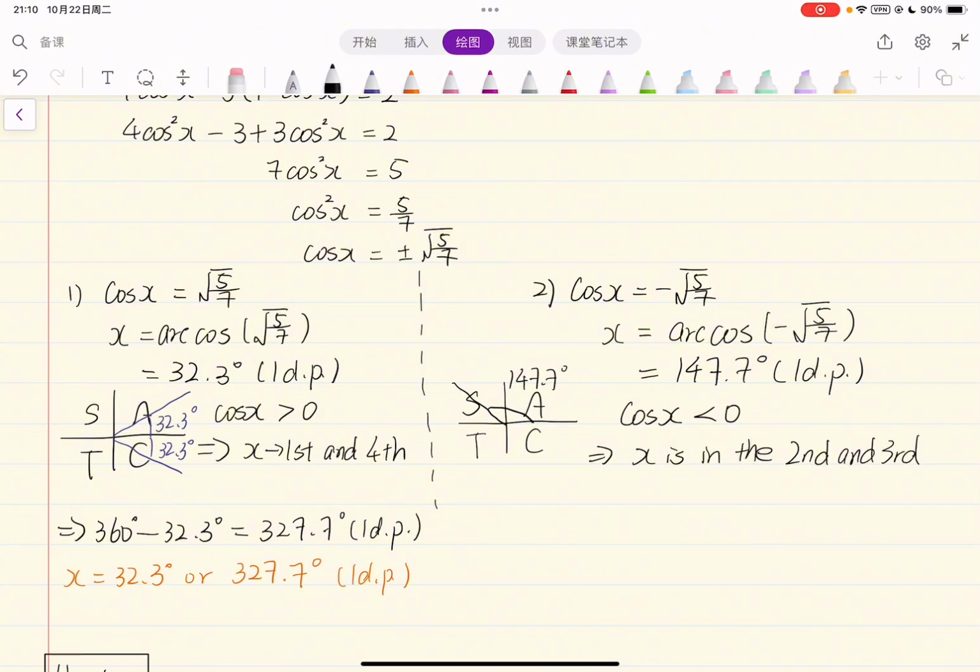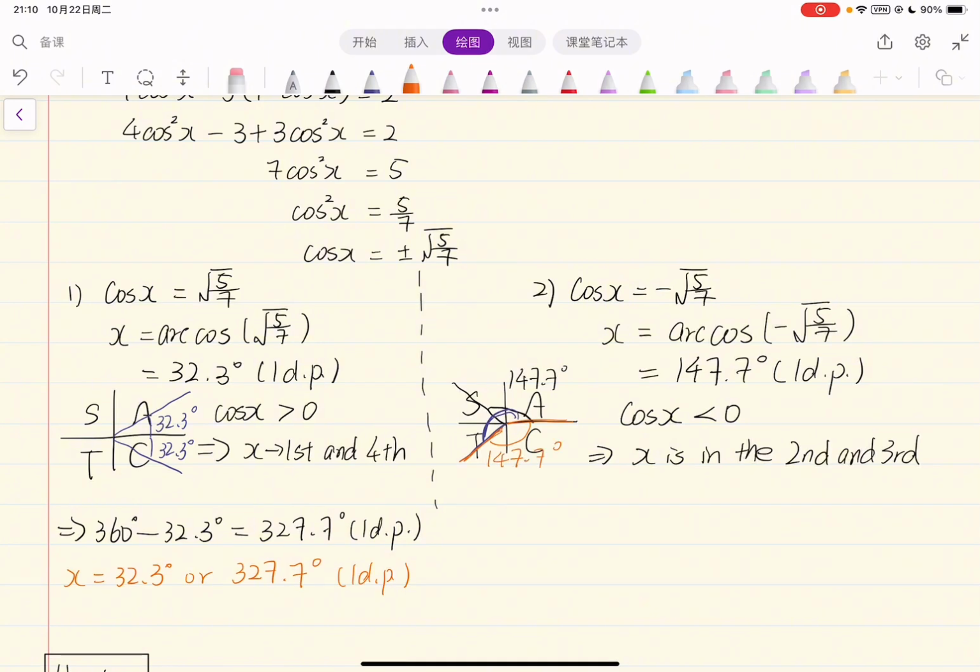So there should be another angle in the third quadrant. We need to find the value of this theta. To be aware of that, the angle from the positive x-axis to this line clockwise is also 147.7.